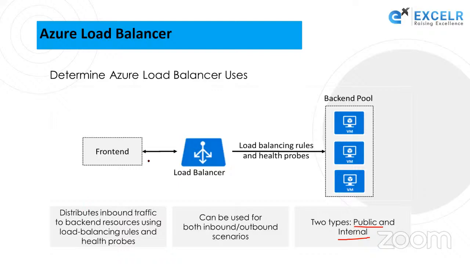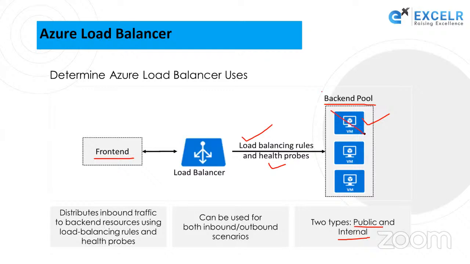So when I use a load balancer, I need to have something called a front end IP address, and then I need to have a backend pool. A backend pool is nothing but a pool of machines sitting behind your load balancer. This load balancing will happen based upon a load balancing rule which you have to set, and you can also set a health probe on your load balancer so that you understand that the machine where I'm sending the traffic is working properly and is able to take the traffic.